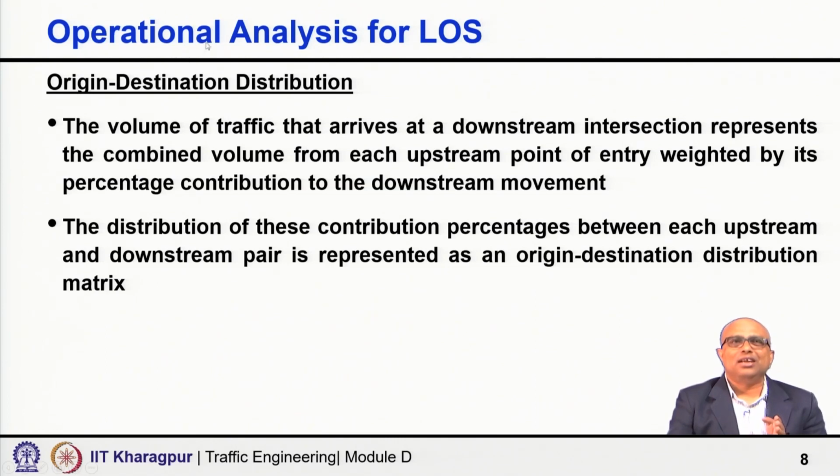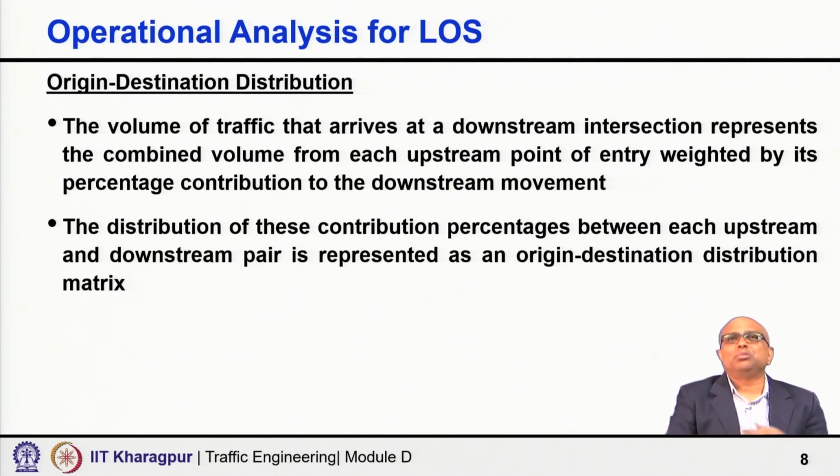So, that is what I say: the volume of traffic that arrives at a downstream intersection represents the combined volume from each upstream point of entry, weighted by its percentage contribution to the downstream movement. So, what is the percentage contribution for the downstream movement? In that percentage we will try to get the contribution.